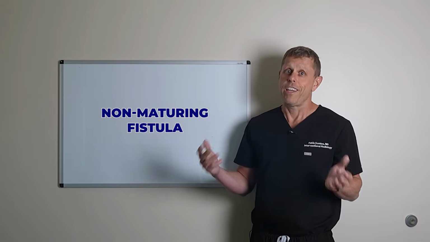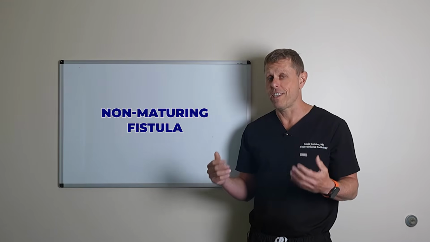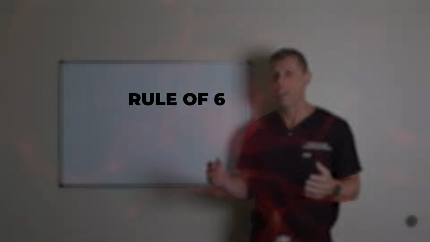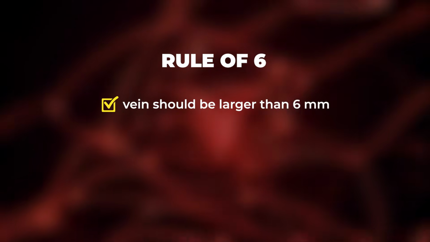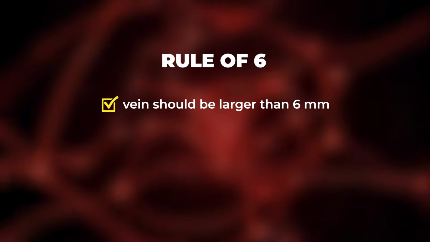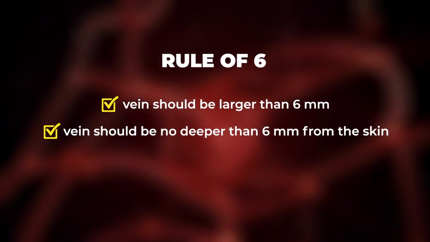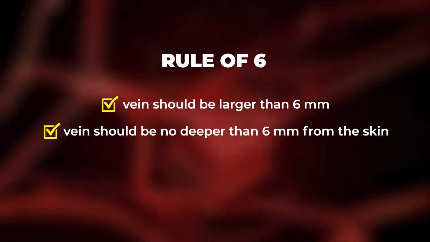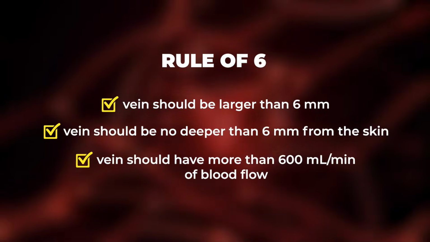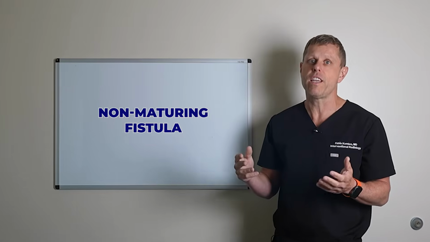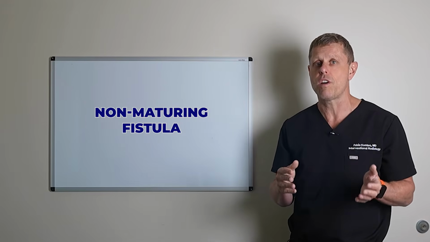There is a criteria to show that the fistula is able to be used, called the rule of sixes. The vein needs to be larger than 6 millimeters, no deeper than 6 millimeters from the skin, and it needs to have more than 600 mL per minute of blood flow. When you meet all these criteria, then the fistula can be used for dialysis.